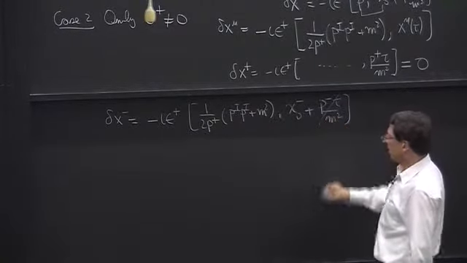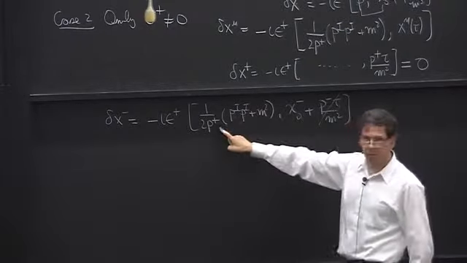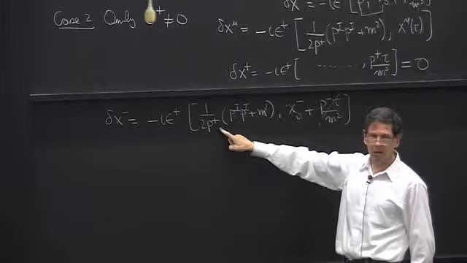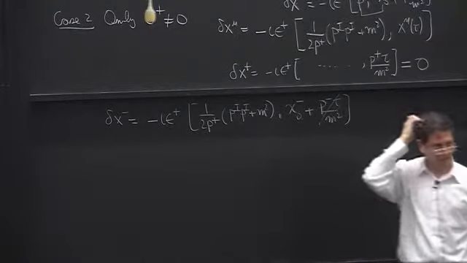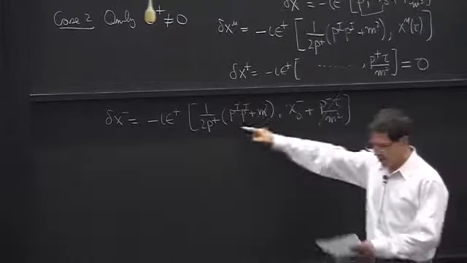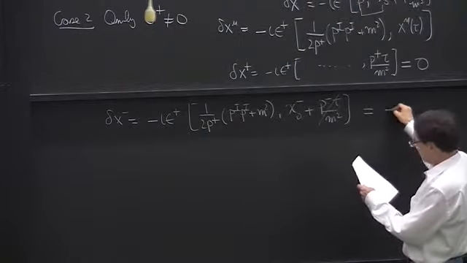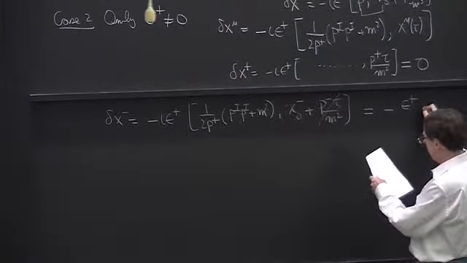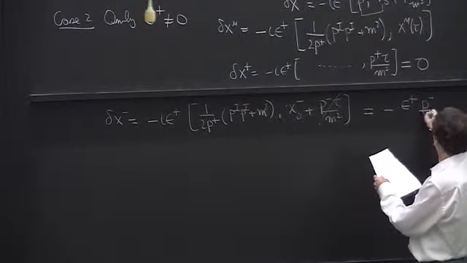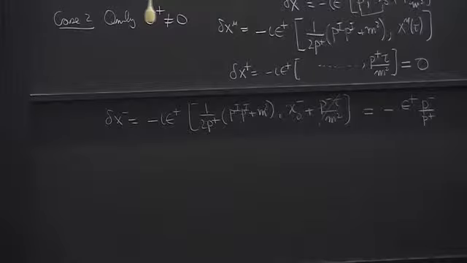Good. x0 minus commutes with the p i's, but it doesn't commute with p plus. So actually, this whole thing is not 0. Okay, we can do that commutator. I'll leave it up to you to do it. It's not hard, but you get epsilon plus p minus over p plus. So this one didn't work.